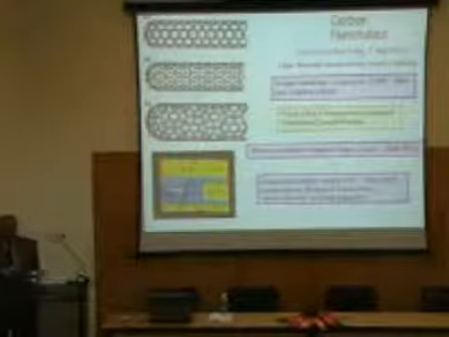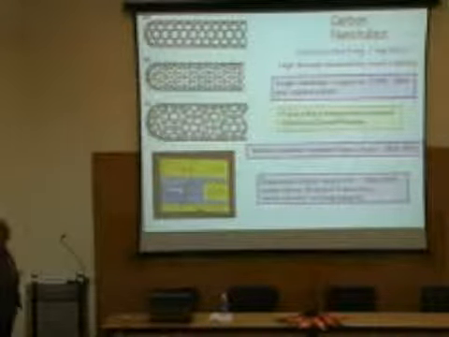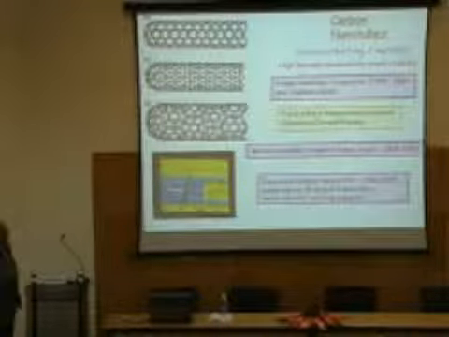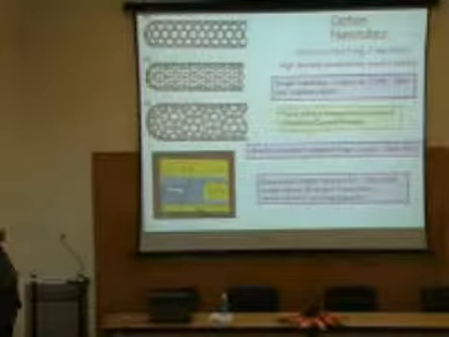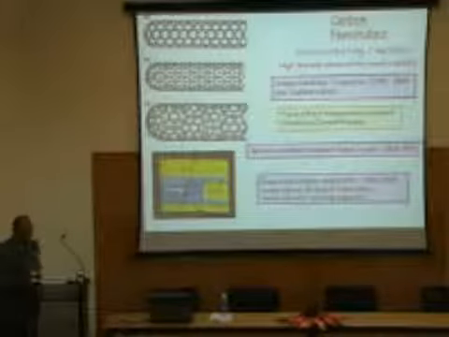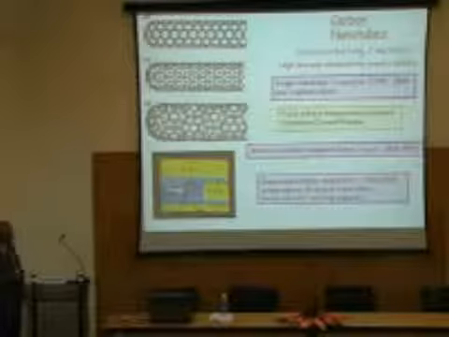Now, the most well-studied molecular system today is the carbon nanotube. And the carbon nanotube, as you know, is made up of carbon, and these carbons are arranged in either hexagonal rings or pentagonal rings.